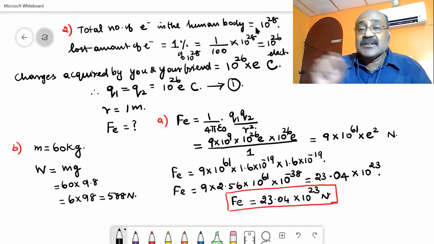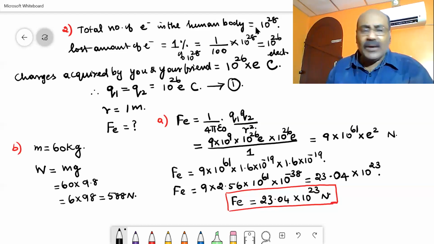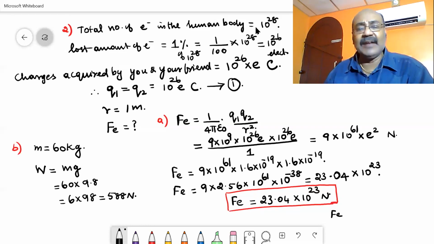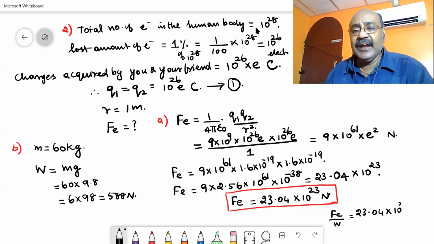You are asked to compare. So what is the comparison? You just make a division, that is Fe divided by W is equal to 23.04 multiplied with 10 to the power of 23 divided by 588. On simplification, you get the value.